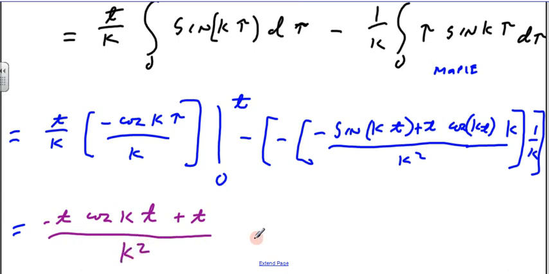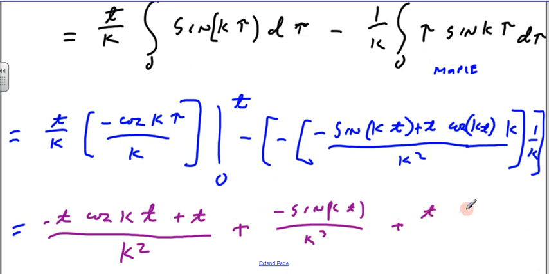And on the other side I have a plus sign. Minus minus makes a plus. The first guy is negative, so minus sine kt divided by k cubed plus t cosine kt divided by k squared.